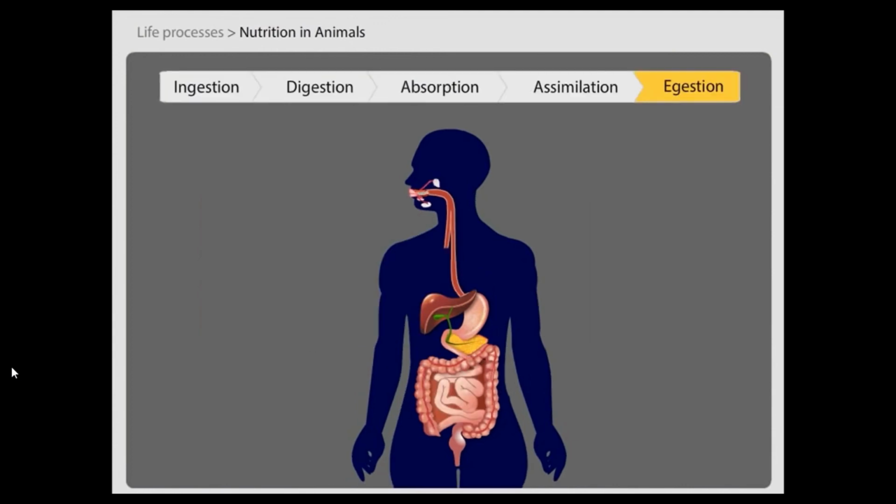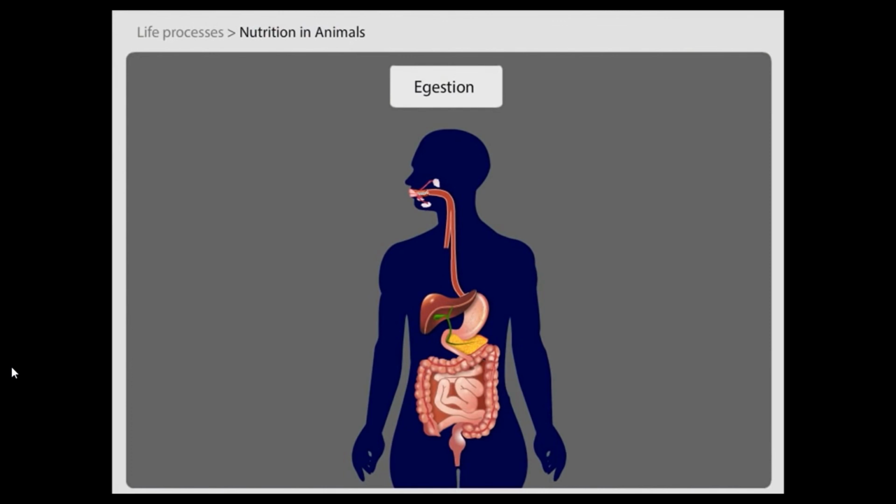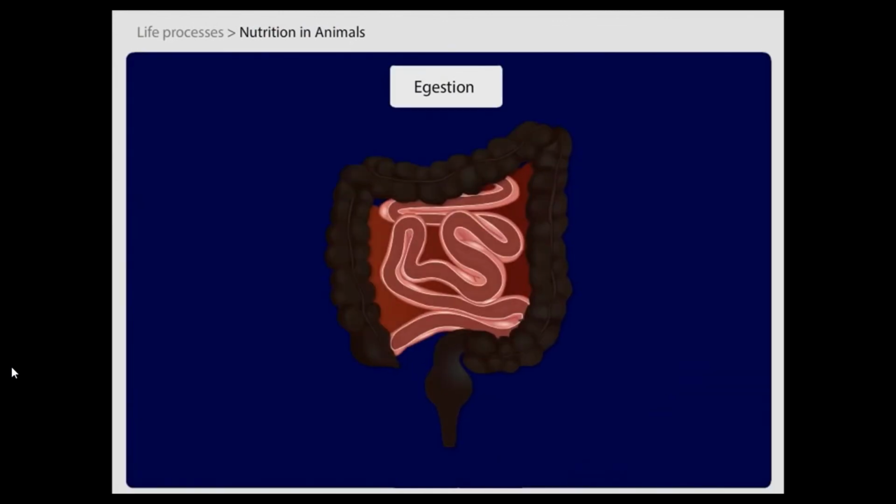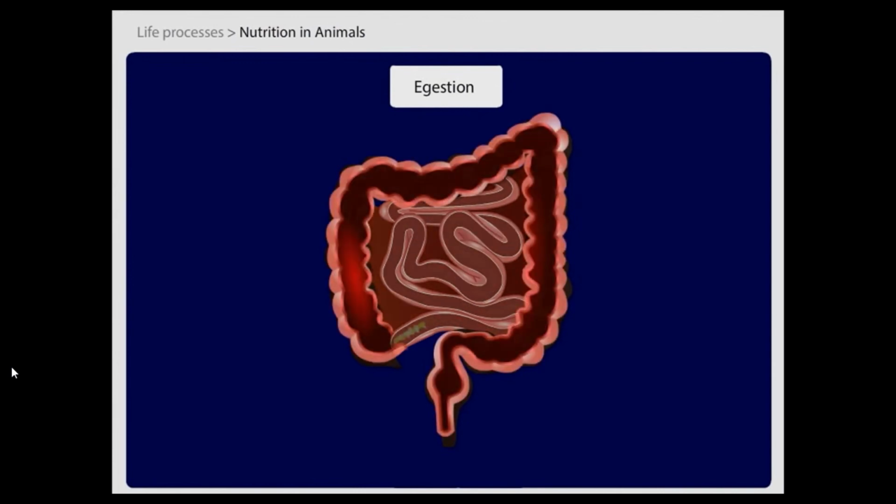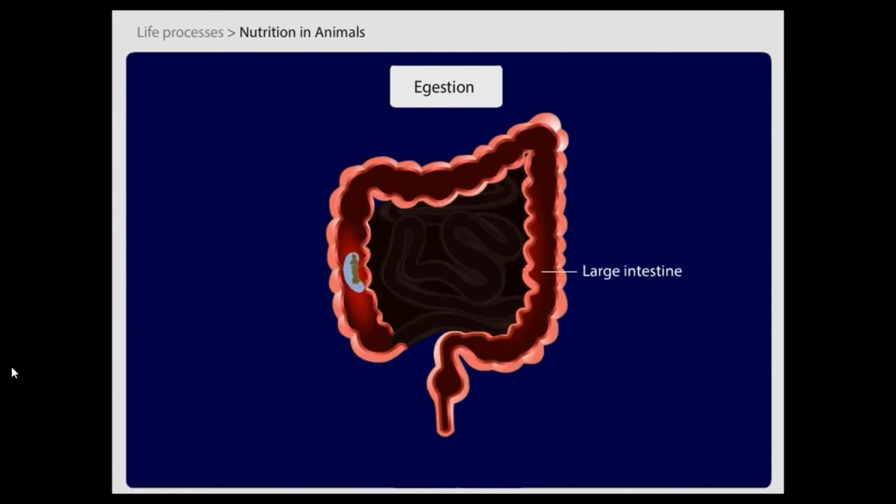The next is egestion. A part of the food which we eat cannot be digested by our body. The undigested food cannot be absorbed in the small intestine. So, undigested food passes from the small intestine into a wider tube called the large intestine. As it moves along the large intestine, the villi within it absorb the water so that the undigested food becomes almost solid.